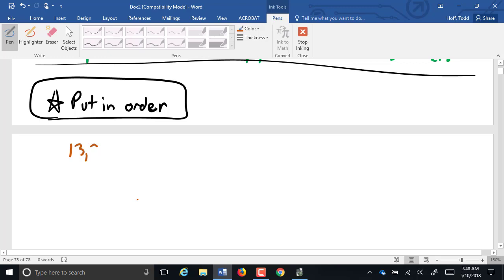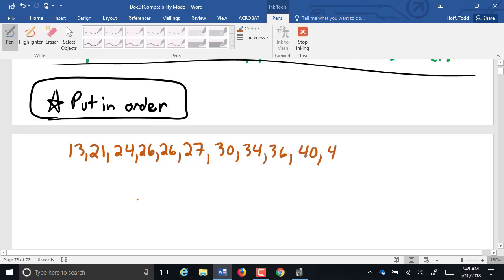13, 21, 24, 26, 26, 30, 34, 36, 40, 45, 51, and 59.